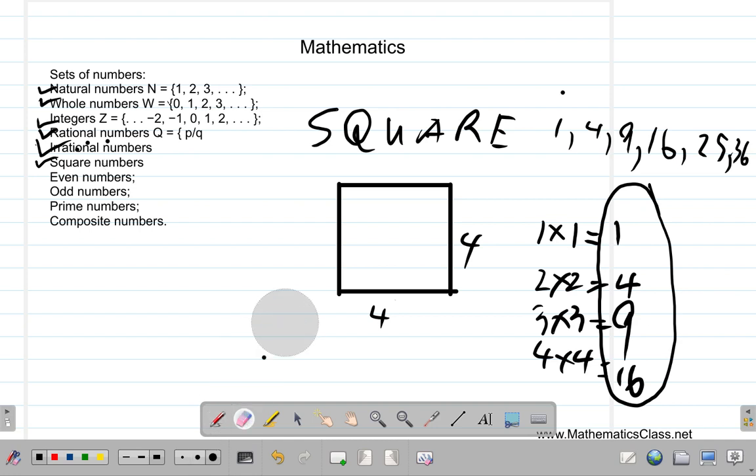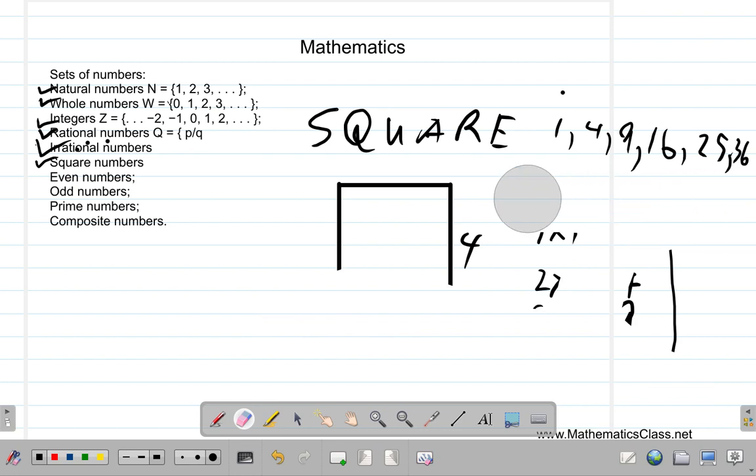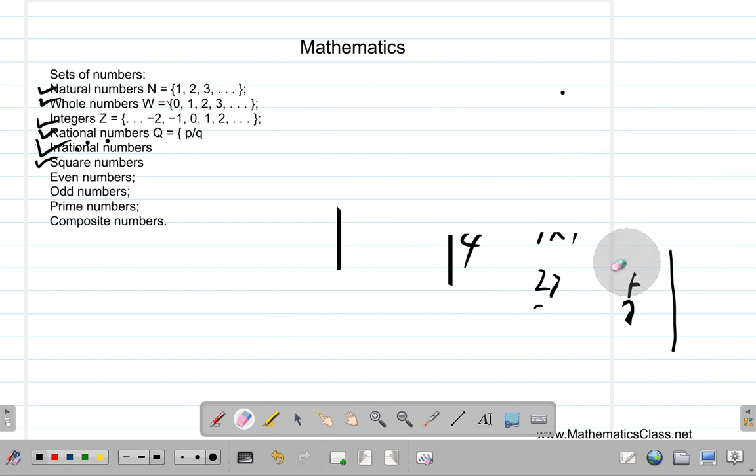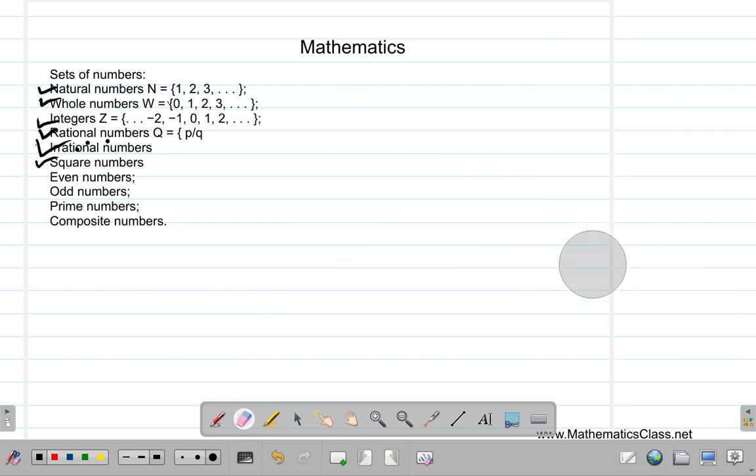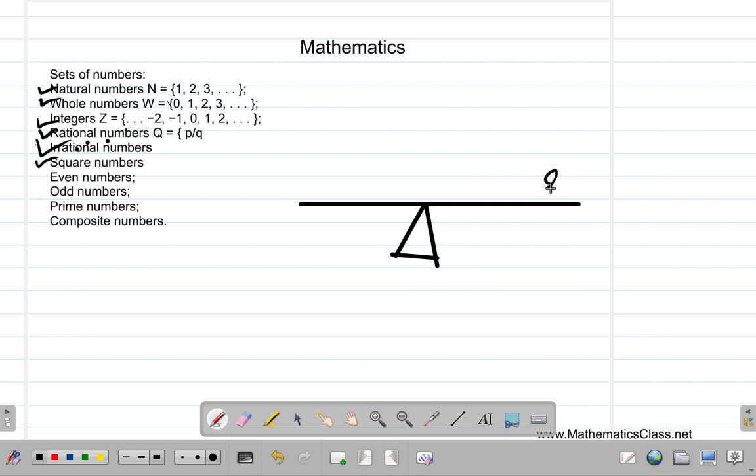The next type of numbers we want to look at are the even numbers. Even. Now, let's look at this. You have a seesaw, and you see your friend Esau sitting on the seesaw.